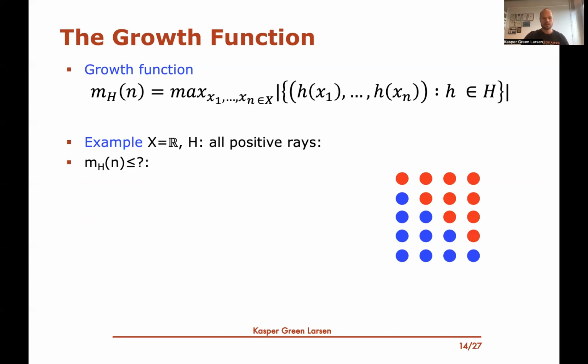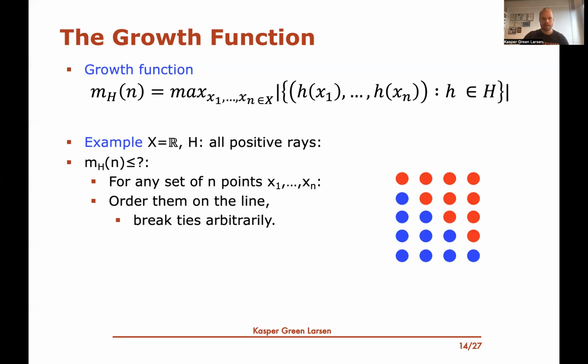Okay. So what about general n, right? This was just 4 points. What can we say if we have more points? In general, we can give the same argument. If I have n points, x1 to xn, and I want to show that I cannot generate that many dichotomies, I again take these n points and order them on the line.